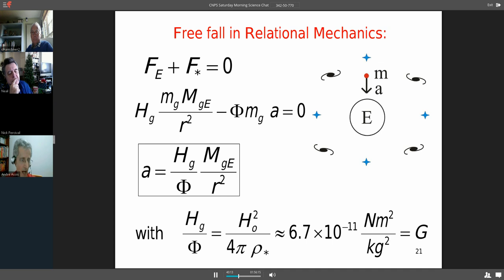So how can I say that the sum of forces is zero on my apple even when it is falling? Well, let us apply the postulate. What are the forces acting on the apple? The earth and the stars and galaxies. So the force of the earth plus the force of the stars and galaxies equals zero. The force of the earth will be essentially Newton's law of gravitation.